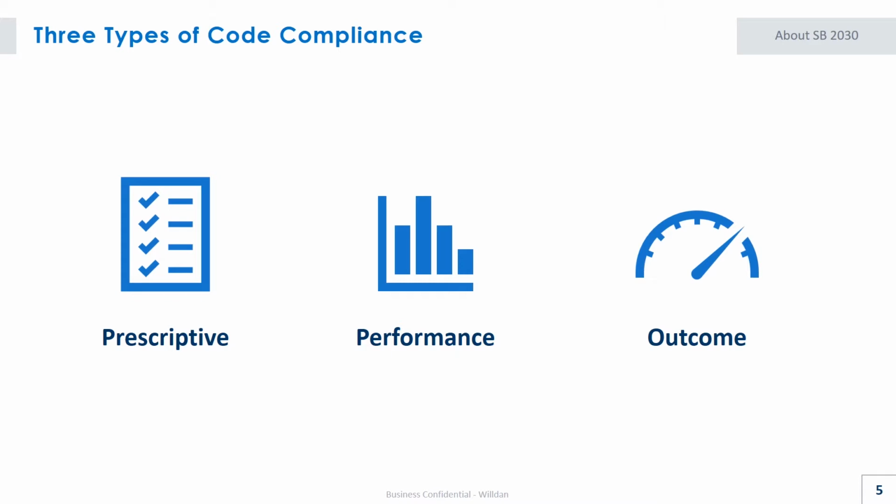The final type is outcomes-based. It's not very common in national model energy codes yet, but SB 2030 and a few other energy requirements are moving towards that. With an outcomes-based code requirement, you're not code compliant until you can demonstrate that your building in the real world, with all of the things that actually are happening, uses less energy than whatever the code requirement is.